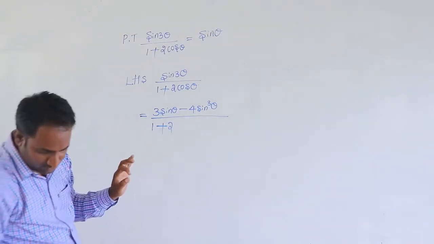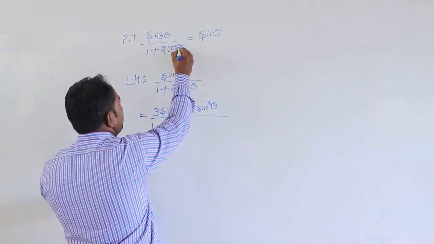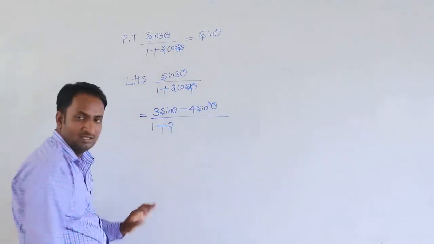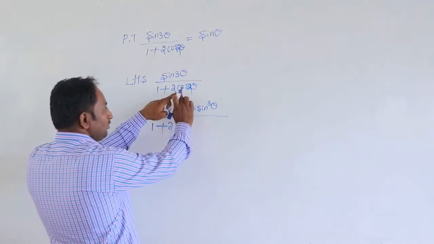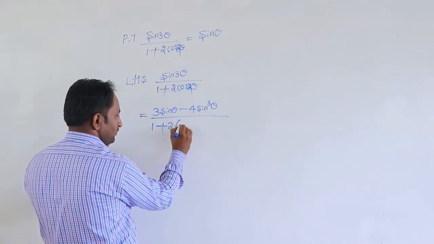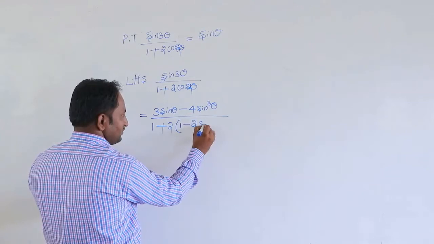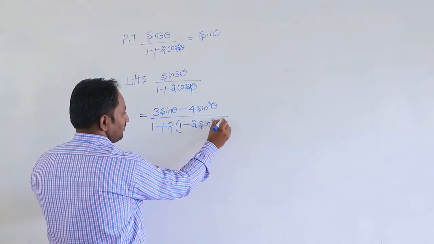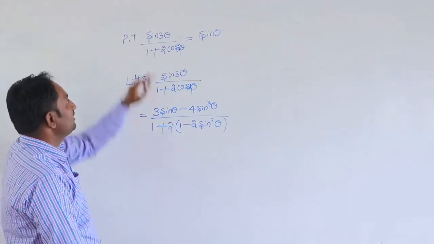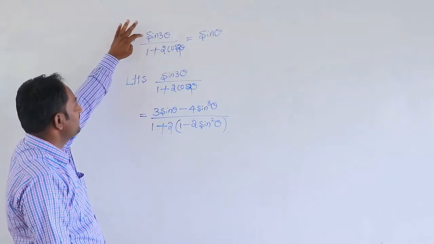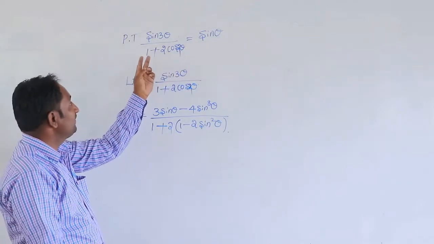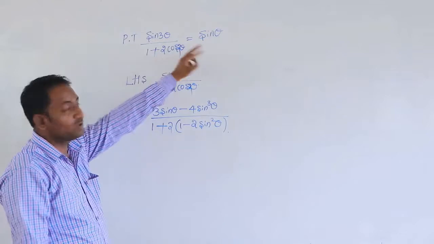Here divided by, here is the cos of 2 theta. Here 2 into cos 2 theta formula, that is 1 minus 2 sin square theta. Here the given problem is sin of 3 theta divided by 1 plus 2 cos 2 theta.